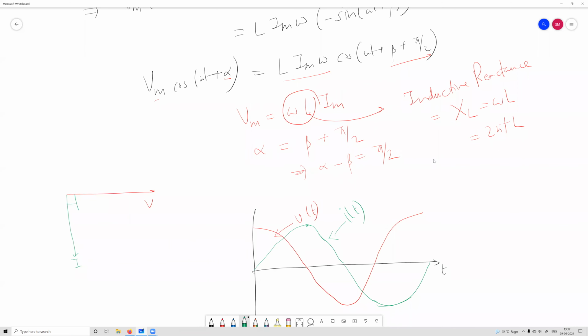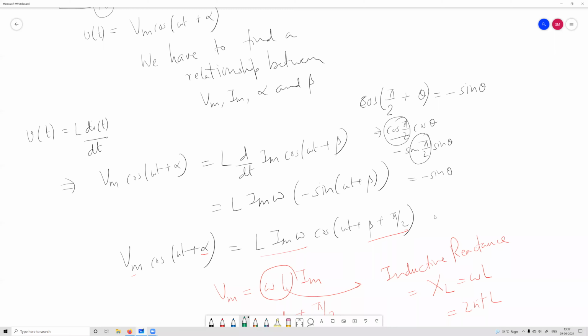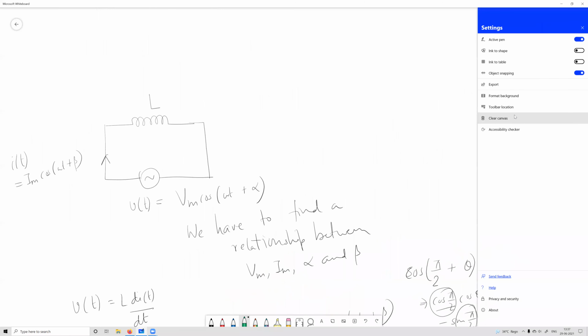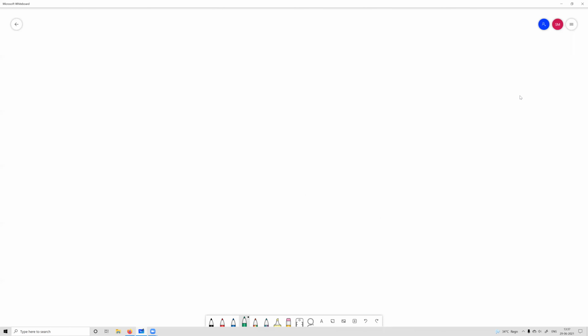Now, let us say we don't have a pure inductor anymore. We have a series combination of a resistor and an inductor. This is R, this is L. This is It, this is Vt.